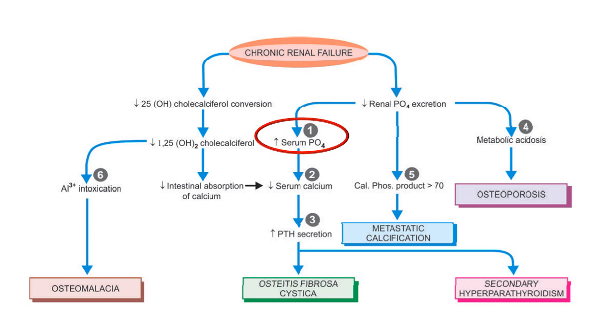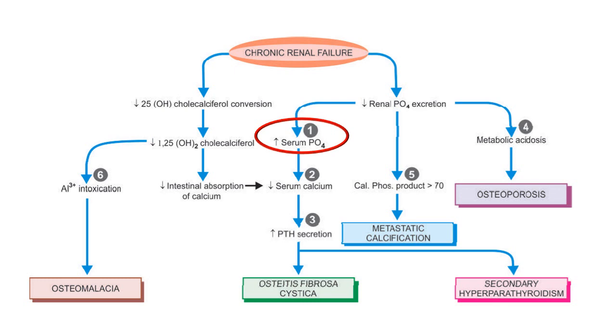When the serum calcium is decreased, that is sensed by the parathyroid gland and results in hyperparathyroidism, and it leads to osteitis fibrosa cystica in secondary hyperparathyroidism. On the other hand, hyperphosphatemia will result in an increased product of calcium and phosphate, which goes above 70 and results in metastatic calcification.